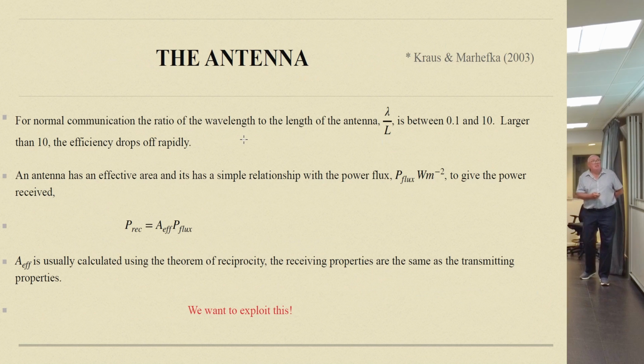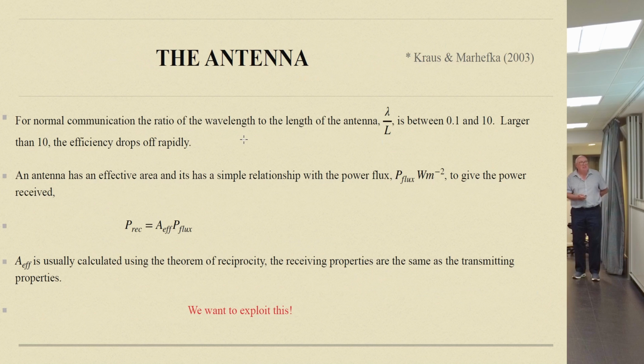Now, what sort of antenna would we have? For normal communication, the ratio of the wavelength to the length of the antenna, lambda over L, is normally between these two numbers. That's just standard antenna design. It's not normally larger than 10. The efficiency drops off pretty rapidly.